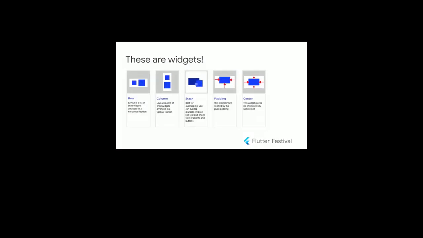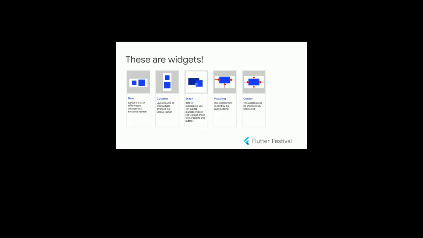Flutter can be used to customize every single pixel of your application. We can customize each and every widget as we desire. There are various widgets: rows, columns, stack, padding, and many more.